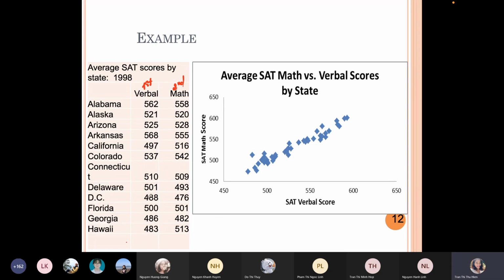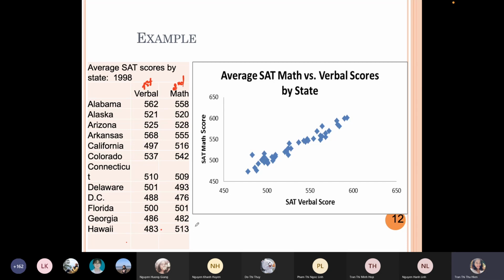Okay, the smallest point for verbal is 483, and for math it is 513.